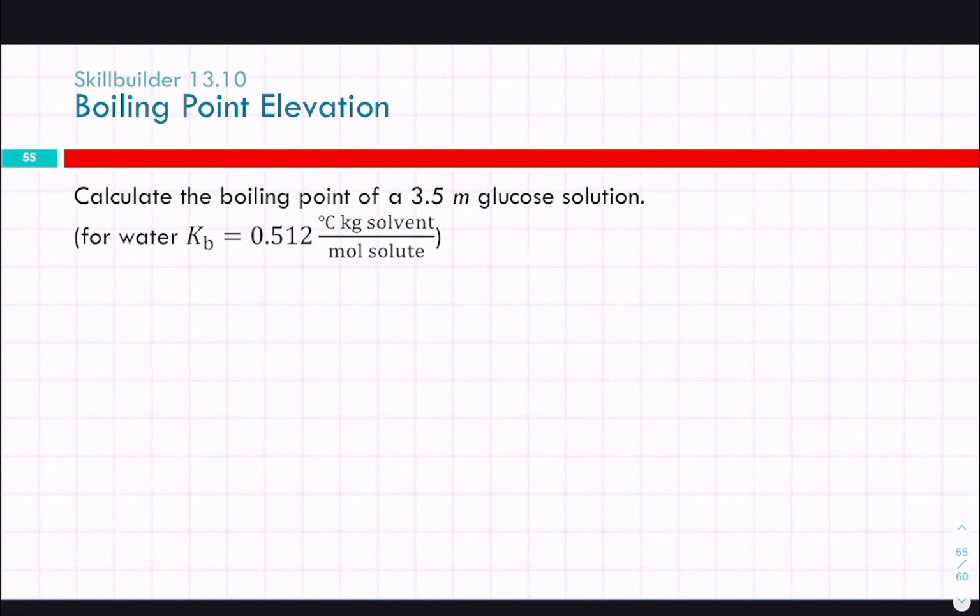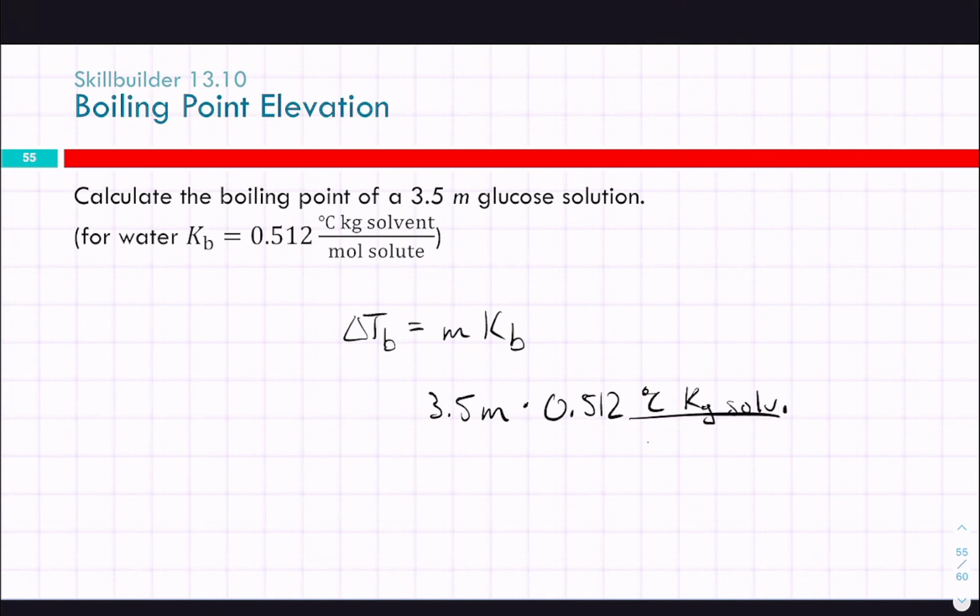Okay, so again, basically an identical equation, but now it's molality times K sub B. So our molality here is 3.5 molal times 0.512 degrees C kilogram solvent per mole solute.